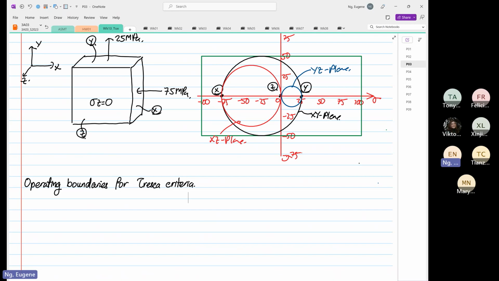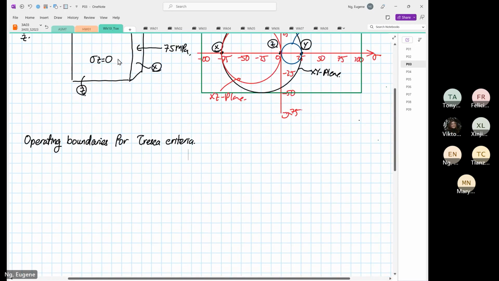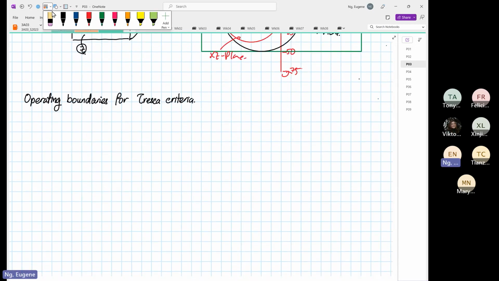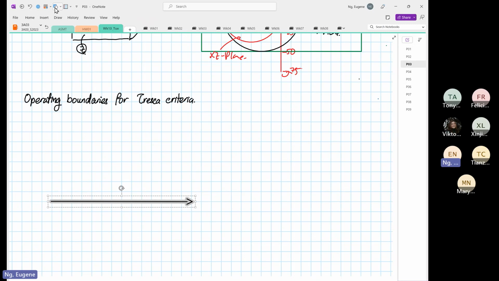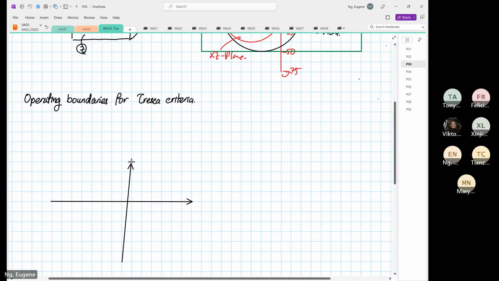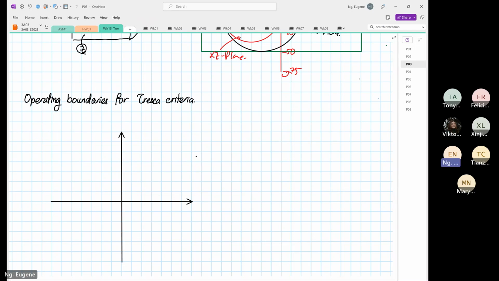So now I'm going to draw a different graph. Right. So on the x-axis now, and then we have our y-axis, right?